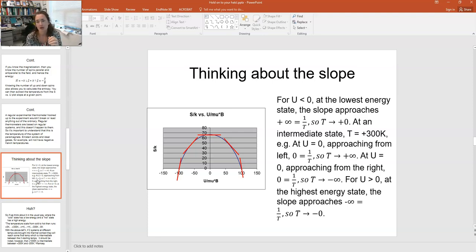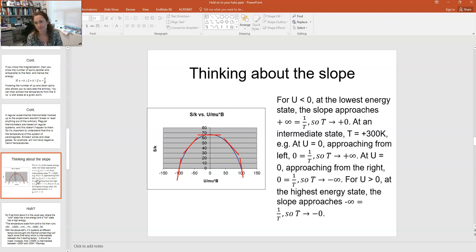Now, if a positive infinity slope is equal to 1 over the temperature, then that means the temperature is approaching positive 0. Yes, I said positive 0. Basically, what I mean is that on the left-hand side you have positive slopes. I'm referencing our normal temperature scale here.